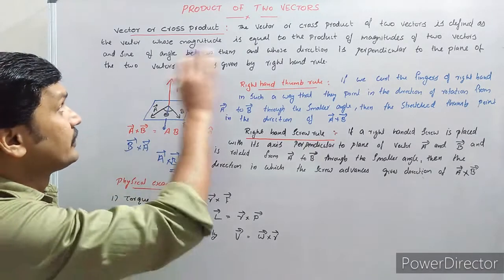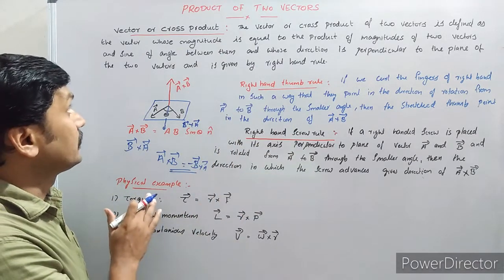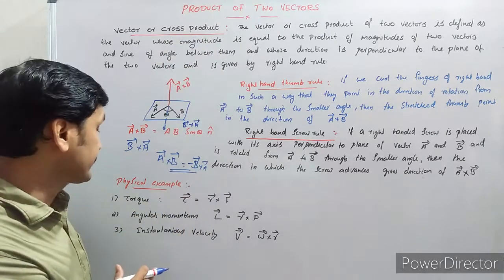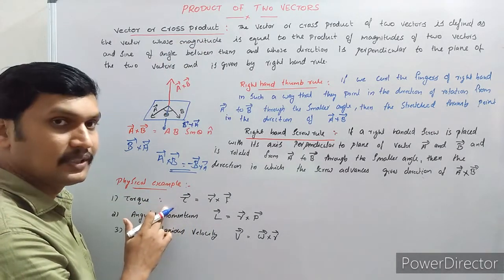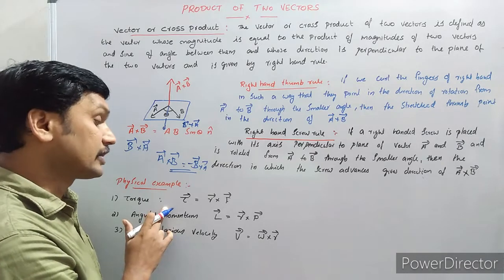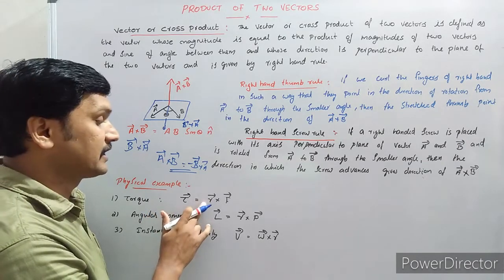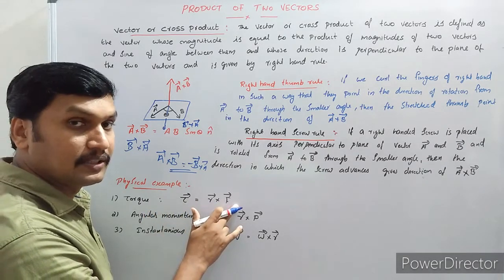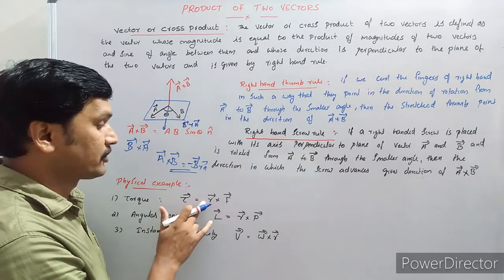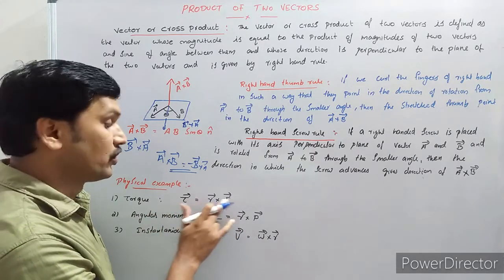Then some physical examples for the cross product of two vectors. One is torque. The torque is the cross product between the position vector and the force vector.